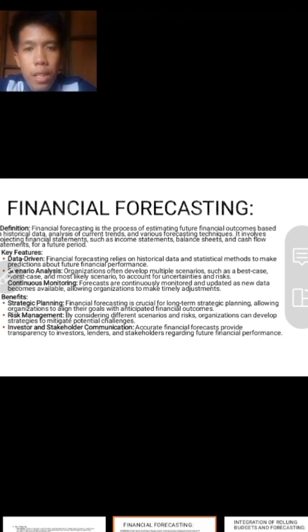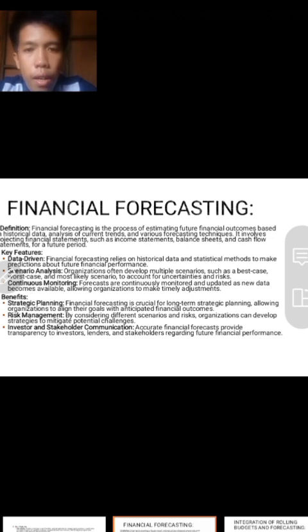Scenario analysis. Organizations often develop multiple scenarios such as base case, worst case, and most likely scenario to account for uncertainties and risks.